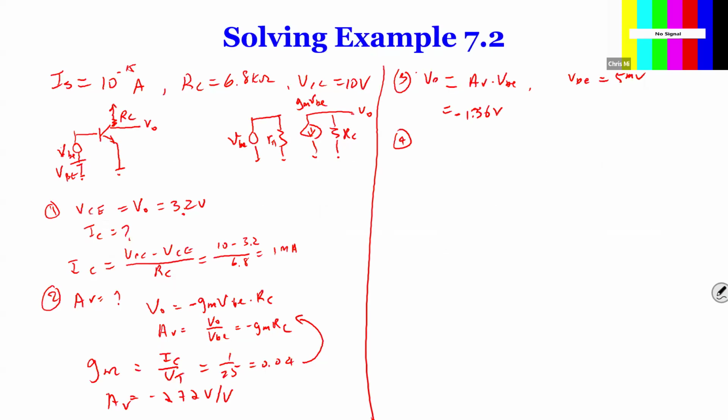So let's find the capital VBE. Remember, IC is IS e to the power VBE over VT, right? So that's what we have. Now, IS is given as 10 to the minus 15. IC is 1 milliamp. So you have VBE will be something like VT times log IC over IS.